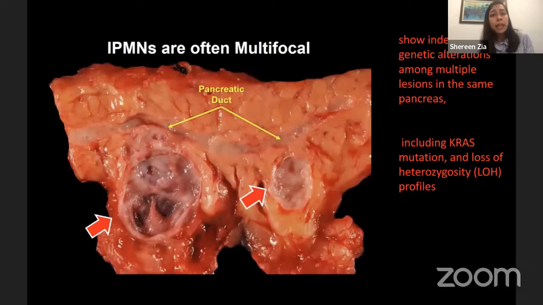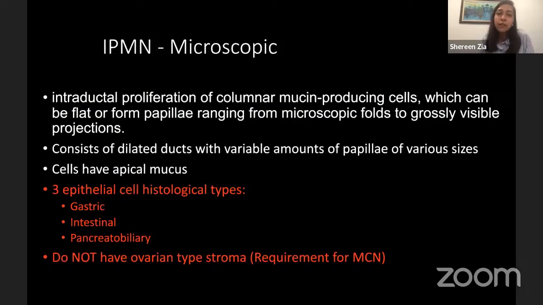So IPMNs can be multifocal, and as you can see over here, these are multifocal lesions, and when they're multifocal, there are independent genetic alterations present in those foci, and the usual alterations associated with IPMN include KRAS mutation and GNAS, which is kind of specific to IPMN, or RNF43 mutations.